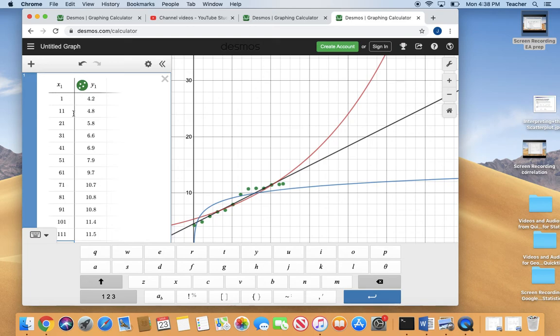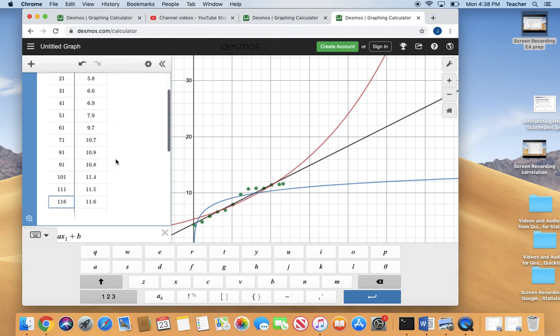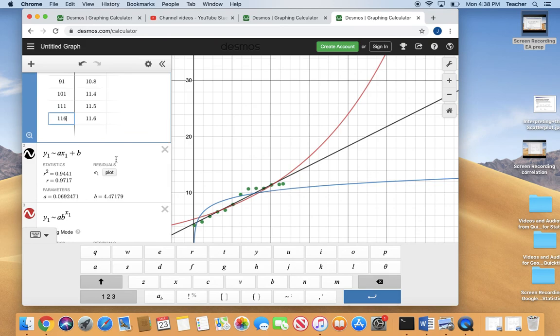So if you were trying to do a logarithmic regression on this one, you would get an error, and you would either change your first year to 1, so you didn't have that 0 there, or if you had enough points, you could delete that whole first point entirely. And so the linear correlation would be the best because it has the correlation coefficient that is closest to 1. Okay.